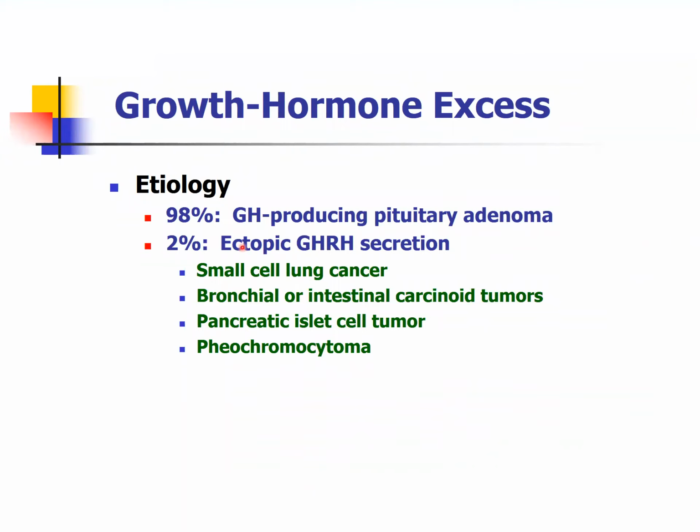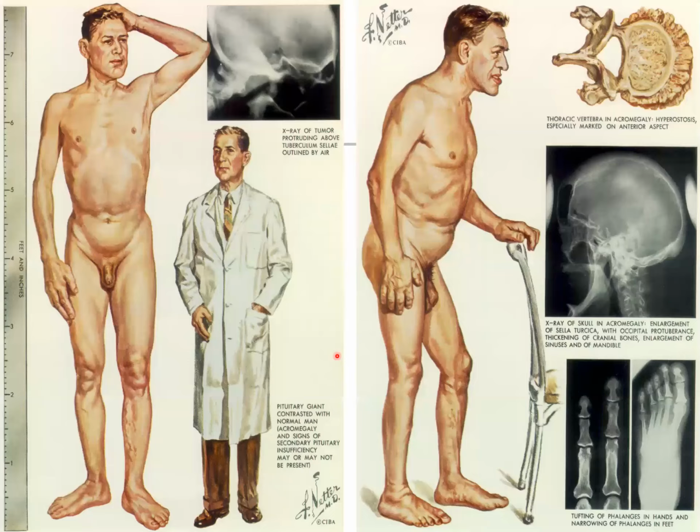Now, the etiology of this growth hormone excess is mostly a growth hormone producing pituitary adenoma, about 98%, and 2% is due to ectopic GHRH secretion, for example, small cell carcinoma, bronchial or intestinal carcinoid tumor, pancreatic islet cell tumor, or pheochromocytoma, which can cause growth hormone excess.